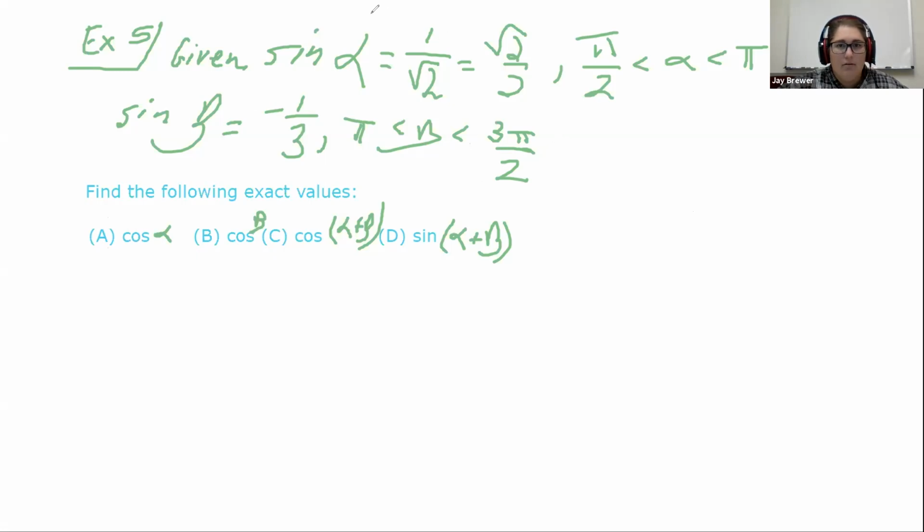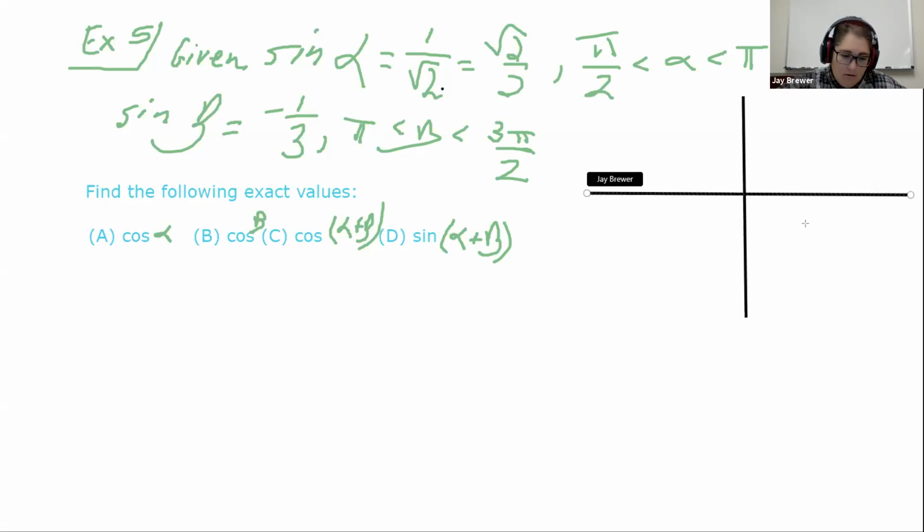So before we can do anything, we have to figure out our triangle, right? Okay, so bear with me as I try to draw this as good as possible for you.